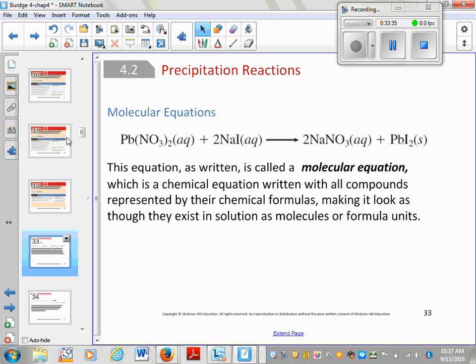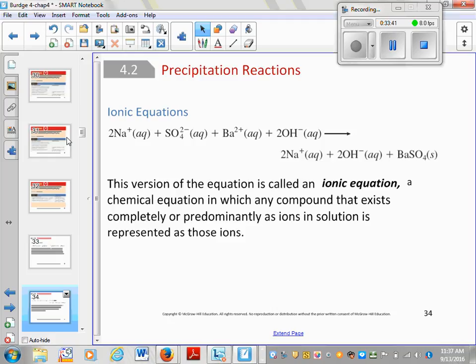So I can write this in terms of ions. So we're going to call this top one the molecular equation, and we're going to change it to the ionic equation. So we said lead becomes Pb2+, aqueous, and we have 2NO3-, that's also aqueous. 2Na+, aqueous, and 2I-, aqueous.